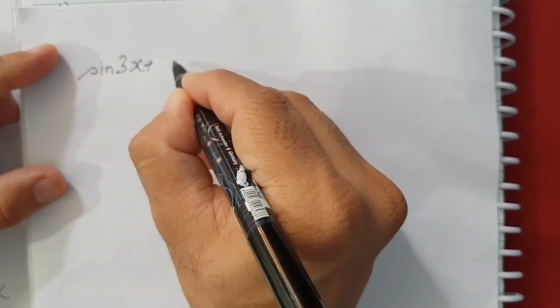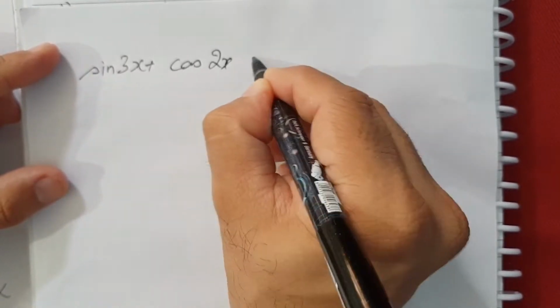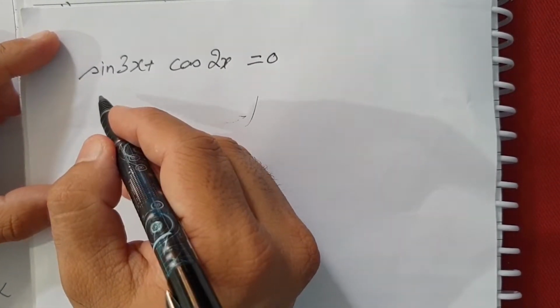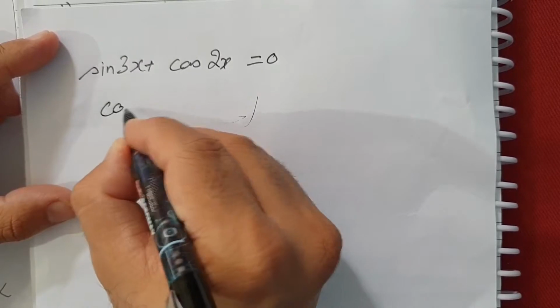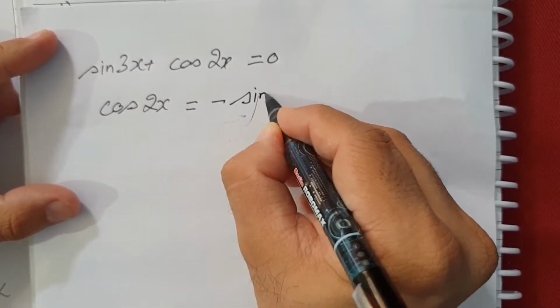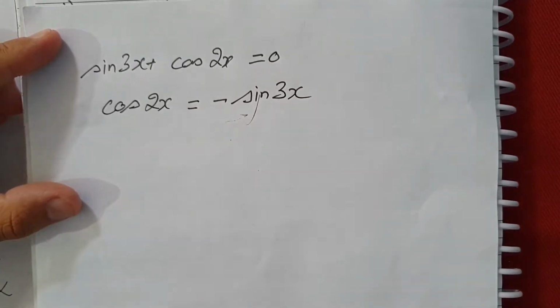Sin 3x plus cos 2x equals 0. So first of all, you can write this as cos 2x equals minus sin 3x.